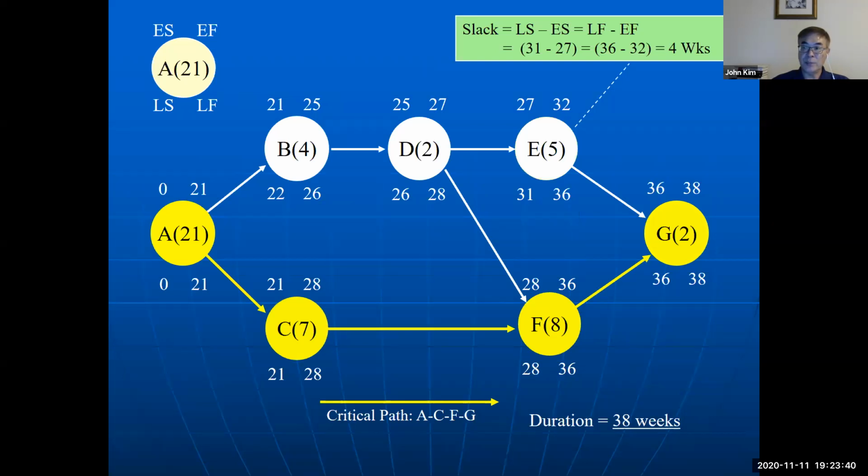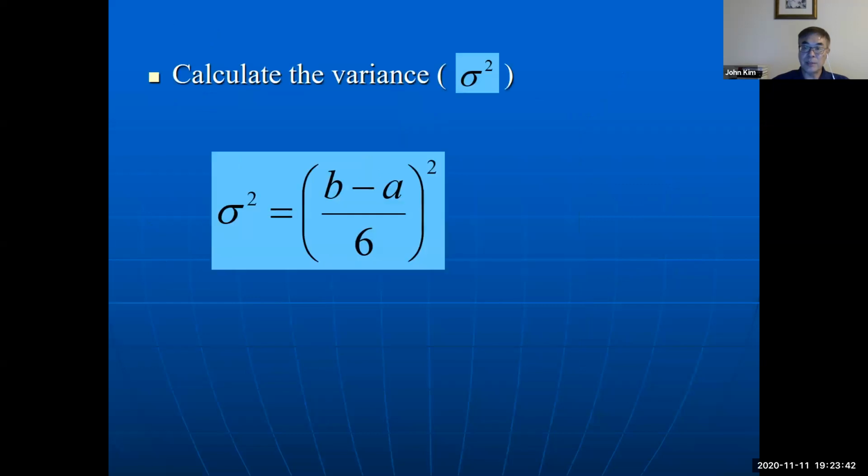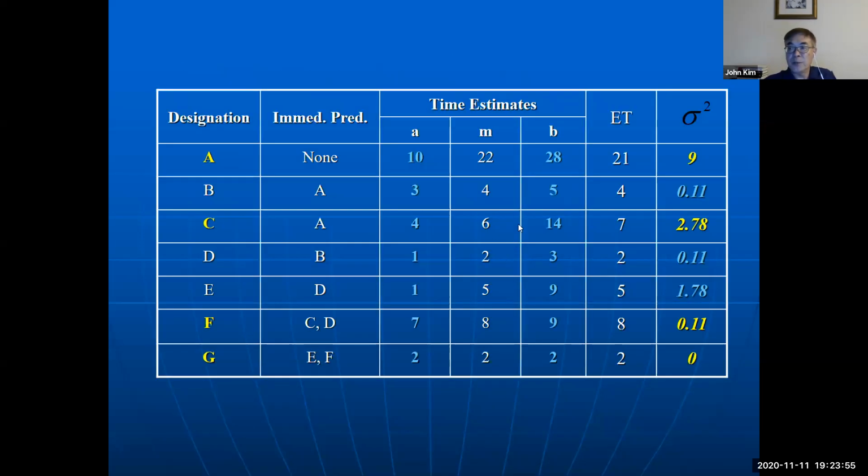So using only ACFG activities' variance. By the way, we need variance. So using this formula, variance equals pessimistic time minus optimistic time divided by 6, and squared. So using that formula, we can get the variance for each activity. And then the critical path is ACFG, so use only ACFG variance.